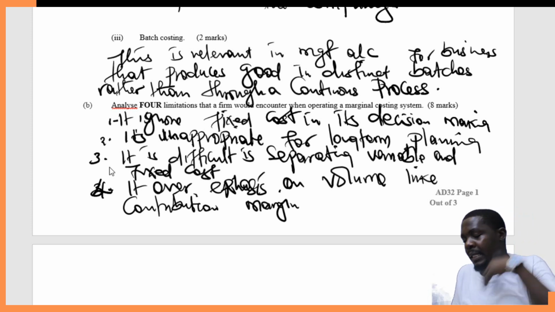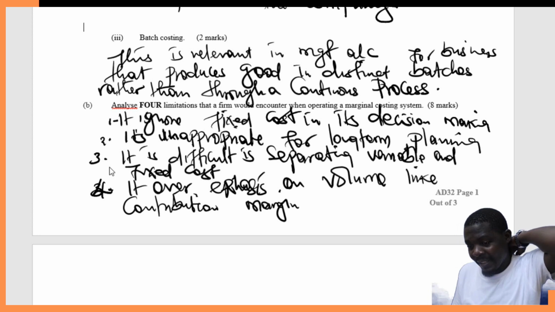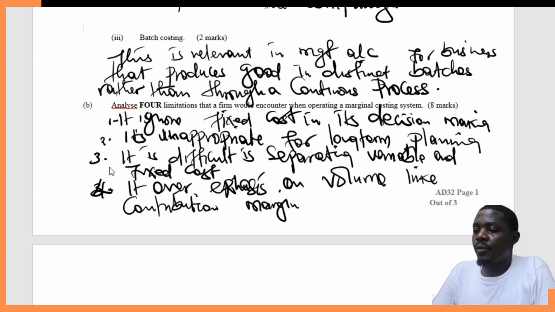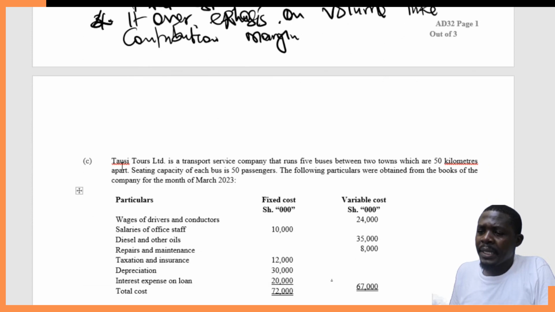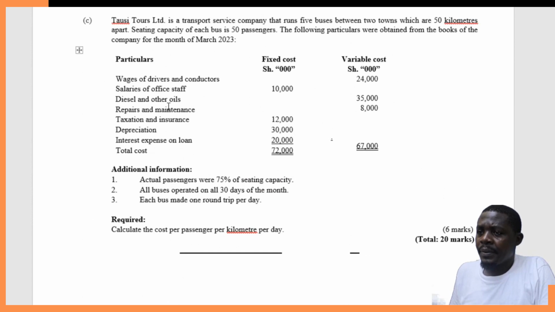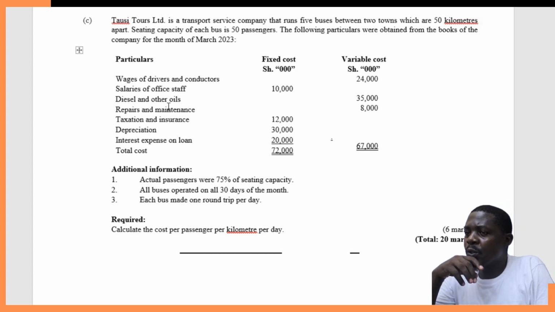It focuses mostly on the profit rather than looking at the process in which this profit has been realized.